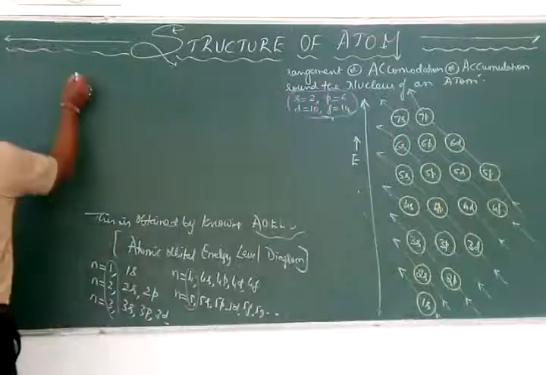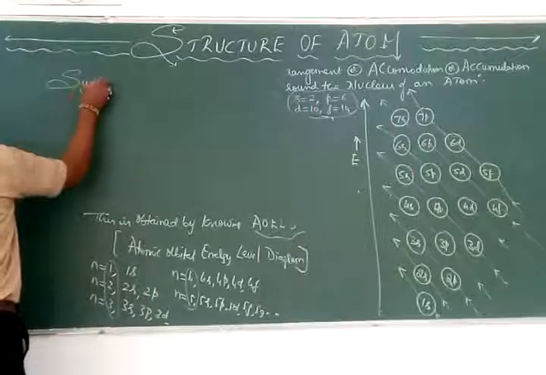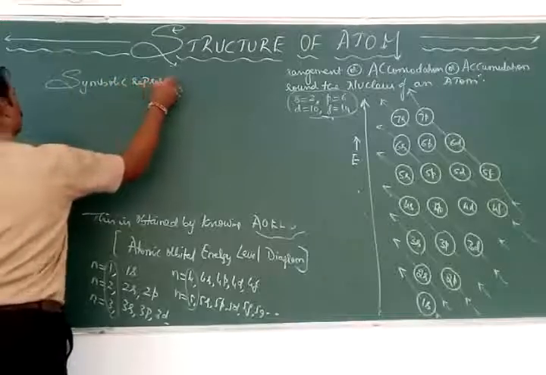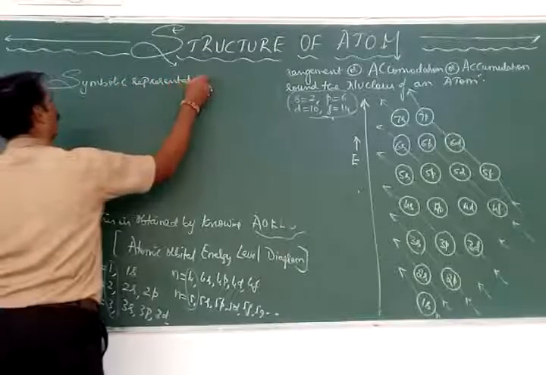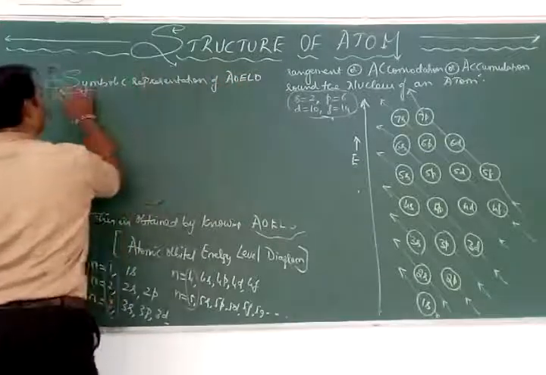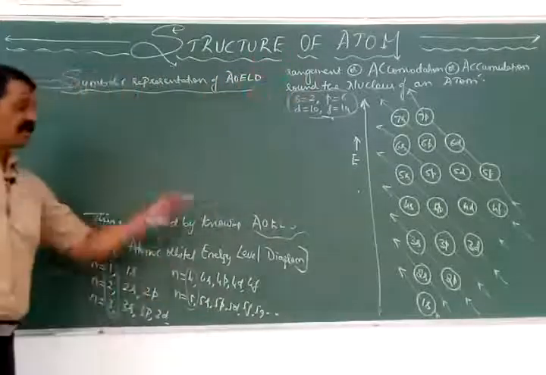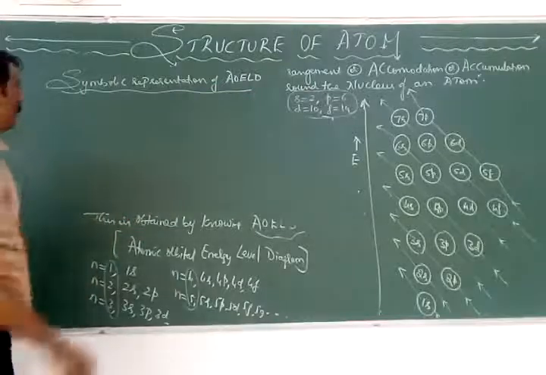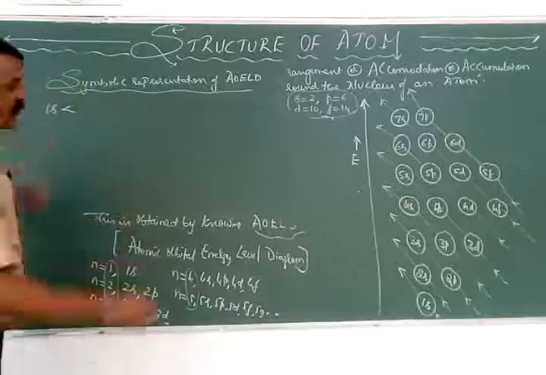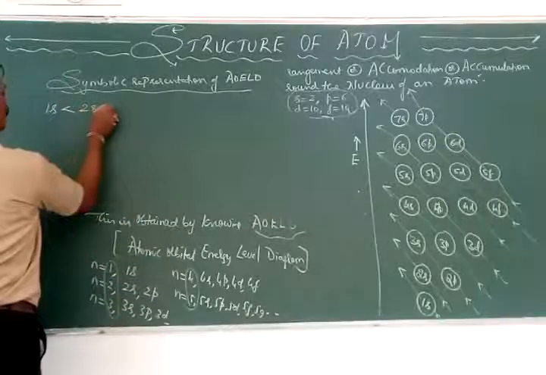This is the diagrammatic representation of the AOELD, but here it is a symbolic representation. First, 1s is less than... after 1s what do we have? 2s.